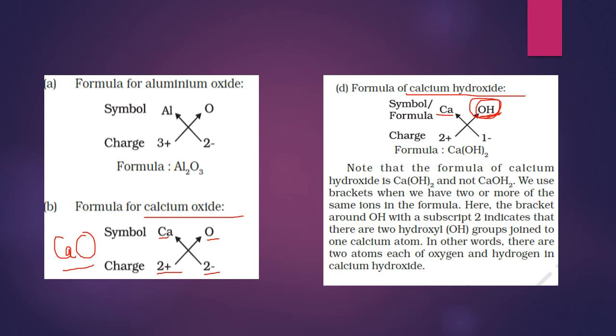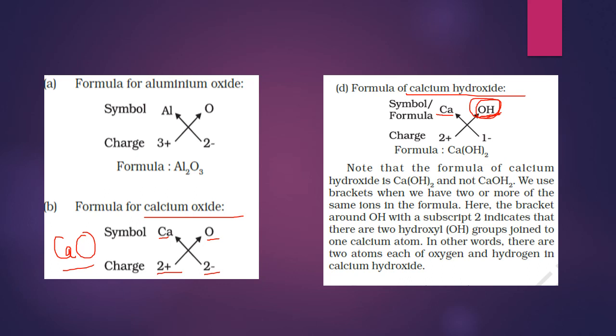See, if we write CaOH2, that is wrong. We are supposed to put a bracket over here and then we will write 2 below OH as a subscript. Why? Because OH combinedly forms one negative ion, that is a polyatomic ion. We use the brackets when we have 2 or more than 2 of the same ions in the formula.